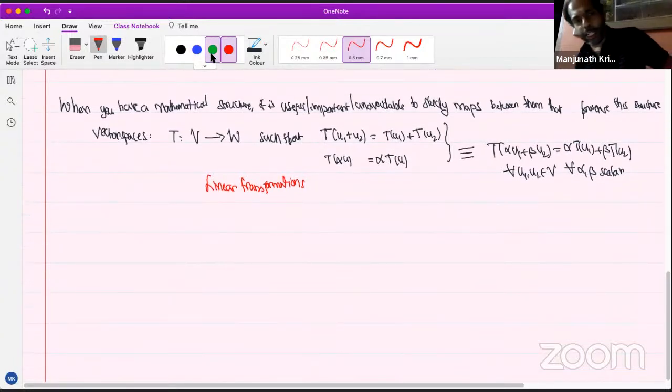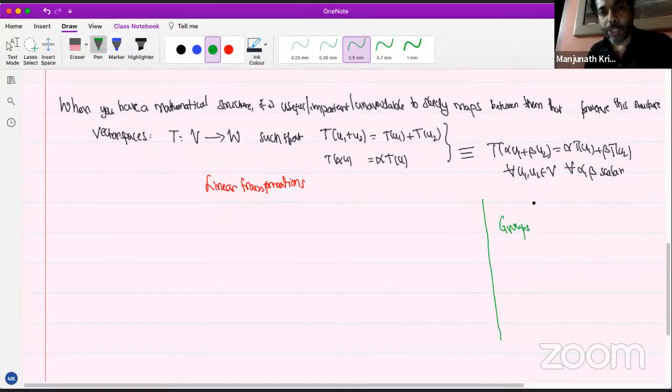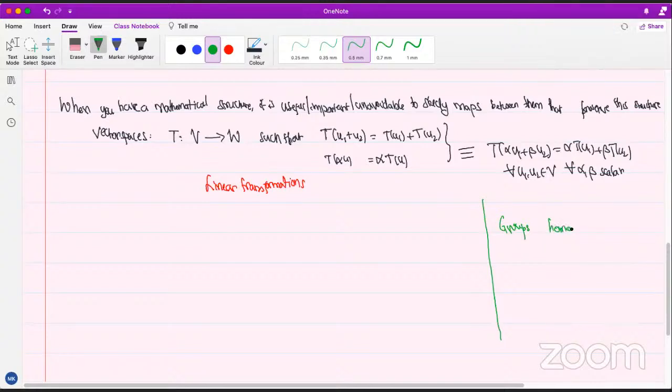Just to make it clear, you can have such maps whenever you have a mathematical structure. When you are talking about groups, what are the maps between groups that you consider which preserve the structure? It's just a different name. Somehow historically different names were given, but they are exactly the same. Mappings between groups which preserve the structure are called homomorphisms.